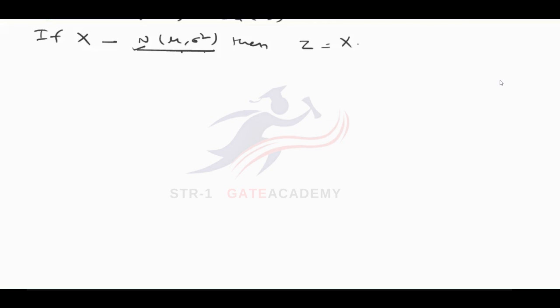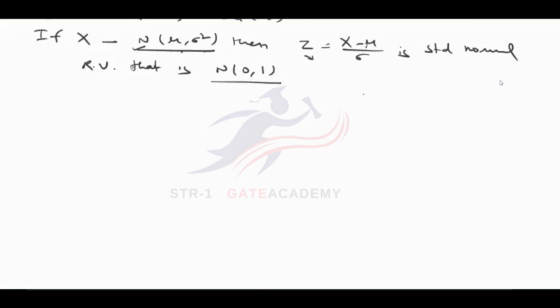When we want to change it to a standard normal random variable, X is changed into Z, that is N(0,1). By shifting and scaling, Z is a standard normal Gaussian pulse. A Gaussian pulse is standard normal when mu equals 0, the mean value of the Gaussian is 0, and the standard deviation is 1.